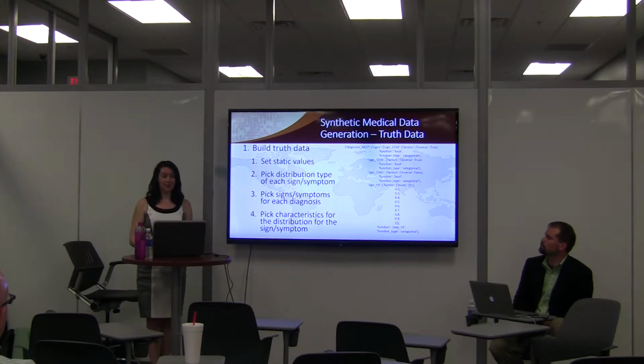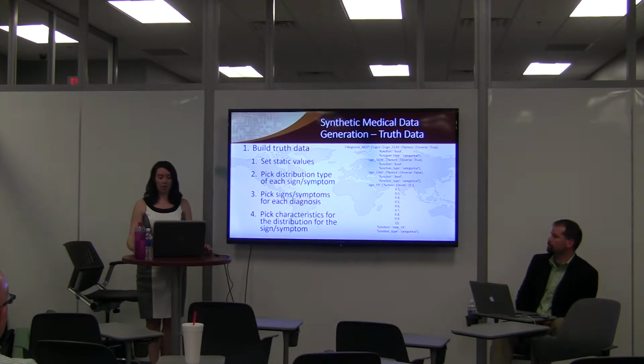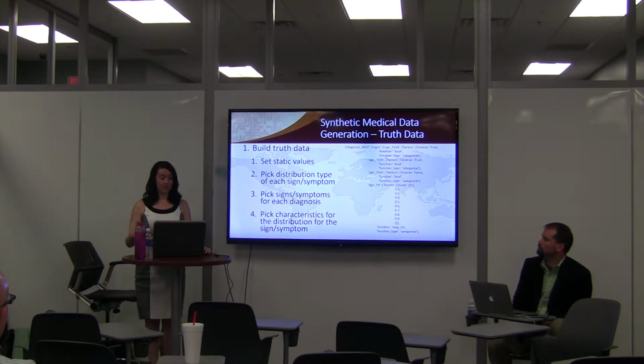Because once you've determined that some signs are going to be on a continuous distribution, such as an age, or you've got a discrete distribution, where it's a 1 to 10, what's your pain level, or a yes, no, or a maybe, or just a binary yes or no, someone exhibits this. And then you pick the signs and symptoms for each diagnosis, and you have to decide how those are distributed with the diagnosis.